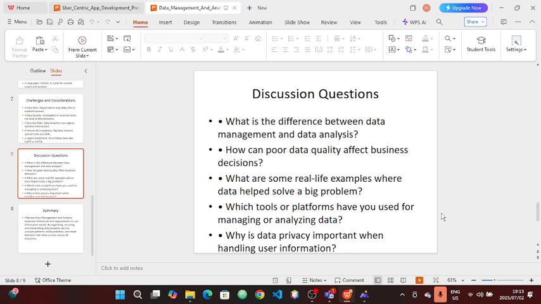I think it helps to build trust with your users, and also it helps to ensure that you are adhering to the legal and ethical standards, for example, the POPI Act. Yeah, true. It protects individual rights. You're right.